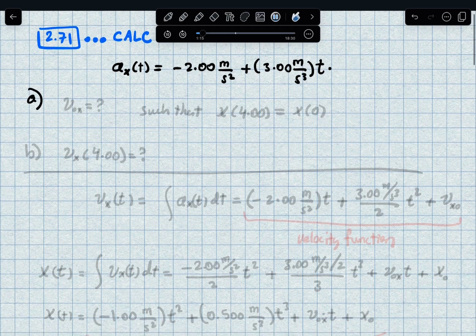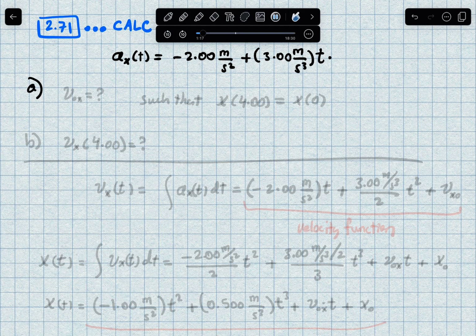And you're asked to find the initial velocity v naught of x such that the particle will have the same x coordinate at time equals 4 seconds as it had at time equals 0.